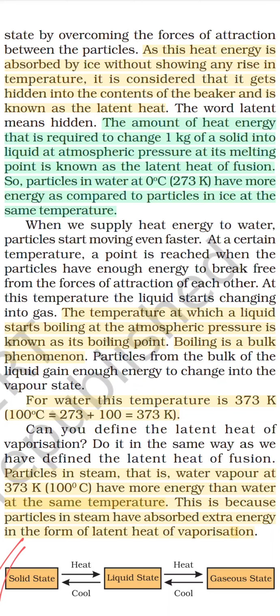Particles from the bulk of the liquid gain enough energy to change into the vapor state. For water, this temperature is 373 Kelvin: 100 degrees Celsius equals 273 plus 100, equal to 373 Kelvin.